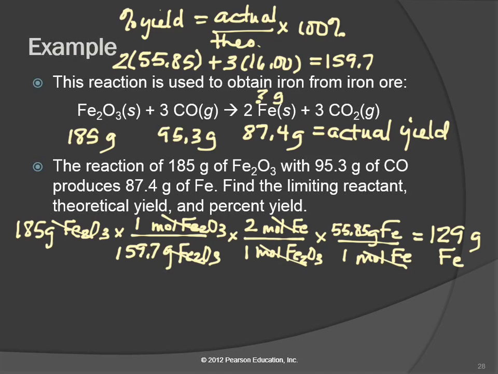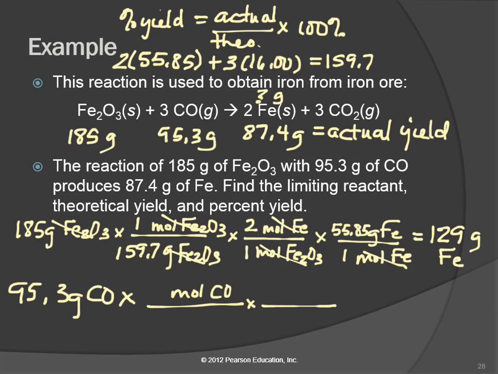Now we do the other one. 95.3 grams of carbon monoxide. So we're going to convert this to moles of carbon monoxide. And then we're trying to find the iron still. We're just starting in a different place. So we get the numerator, grams to moles to moles to grams.